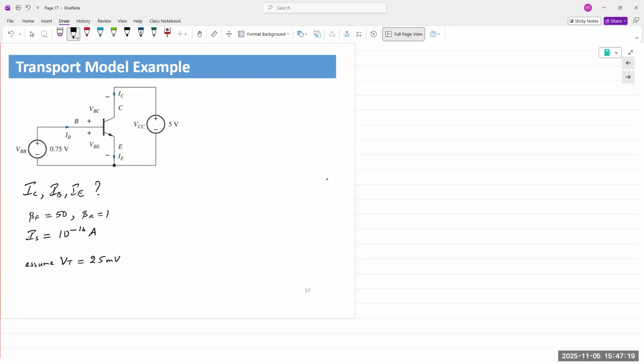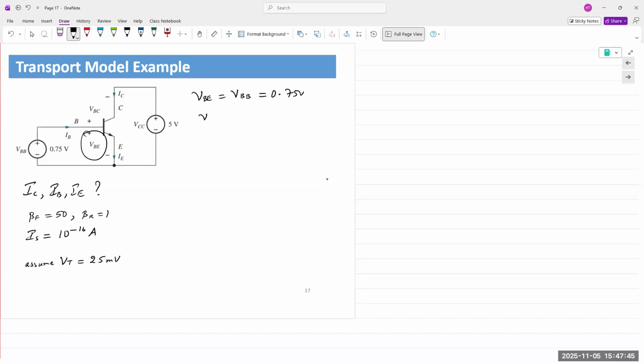There's no other resistor to cause a voltage drop. We are simply applying that voltage across the base and the emitter. So VBE is 0.75 volts.